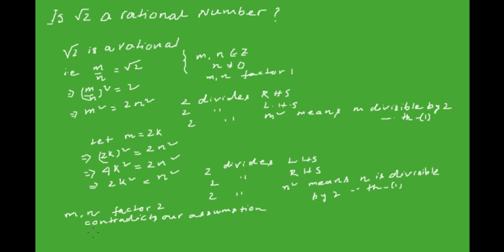That means root 2 is not a rational number, meaning it cannot be represented in the form of m by n. That means root 2 is an irrational number.